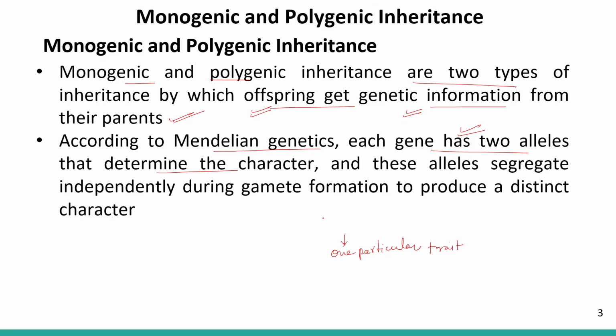There are two alleles that determine one character, right? And these alleles segregate independently during gamete formation. We have seen in the law of segregation how the gametes are segregated in the F1 generation. So they produce a distinct character.